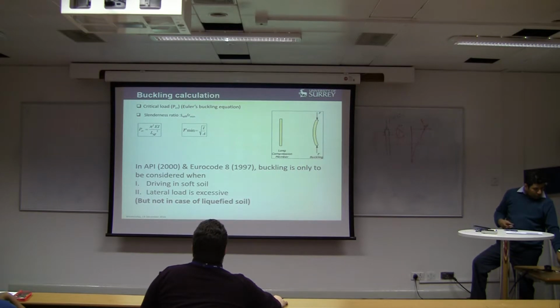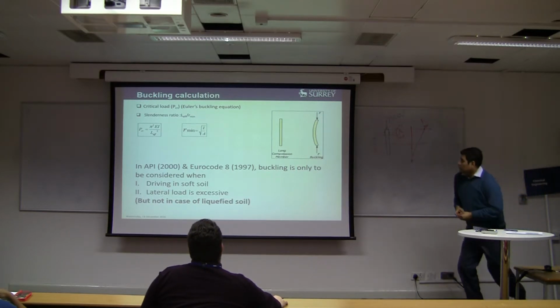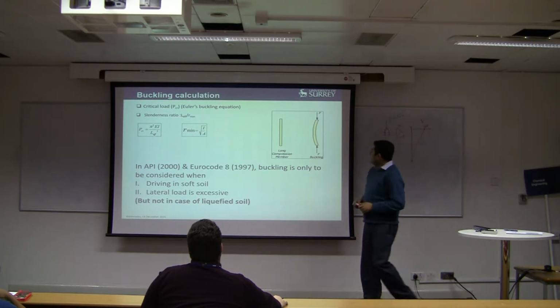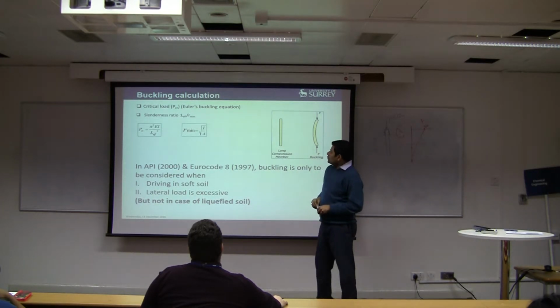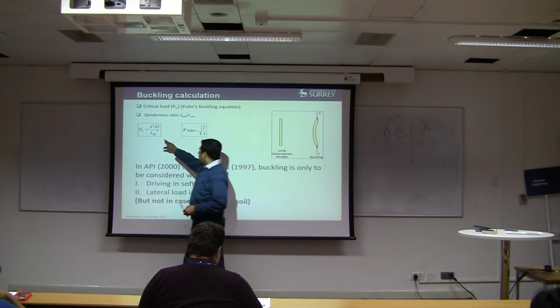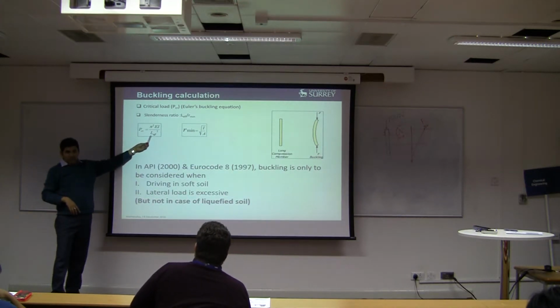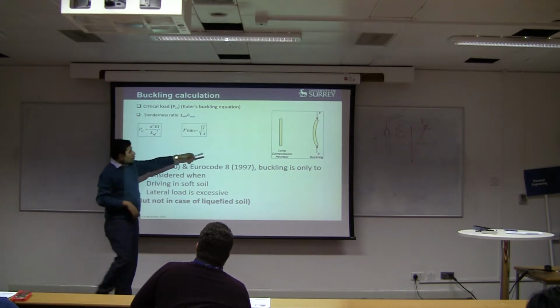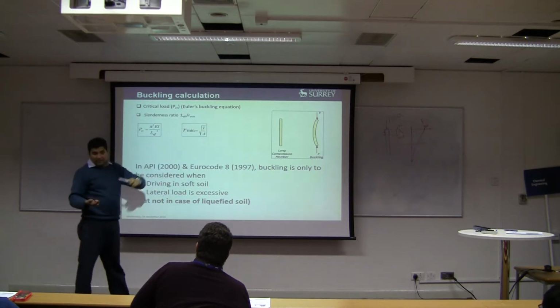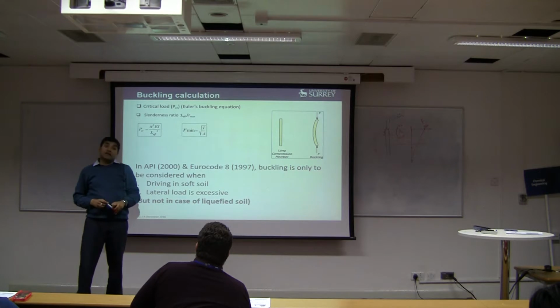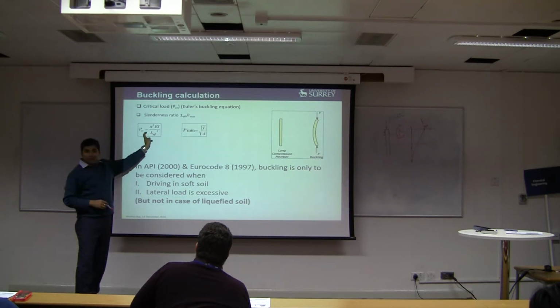And if you want to work out a buckling load, how will you do it? You can use this simplified equation, isn't it? Pi squared EI by L effective squared, right? Once you know the unsupported length, and you know the boundary condition of top and bottom, you can use the appropriate effective length, and you can compute the buckling load.